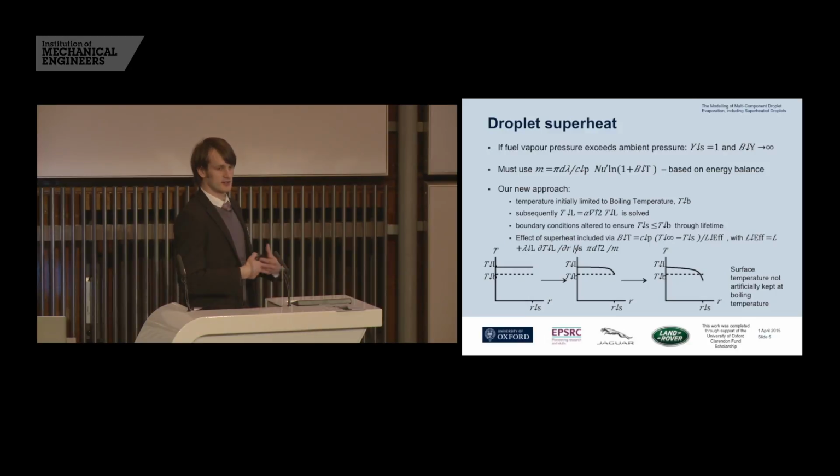So the energy is the rate determining step here, which comes typically from inside the droplet if it's particularly hot. So our approach has been, initially we limit the droplet surface temperature to the prevailing boiling temperature of the current mixture. Then we just solve the equation as before, so no extra models needed. And we just adjust the boundary conditions to make sure the droplet doesn't try to boil away during its lifetime.